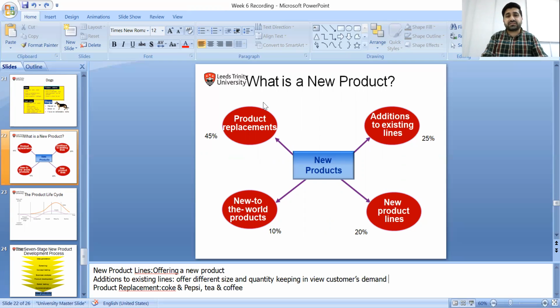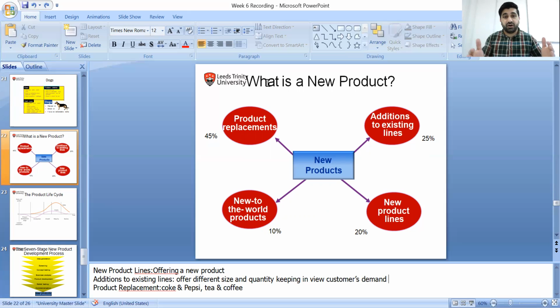Or we may talk about the product replacement. When we are introducing a new product, then we have to think about what type of product we are going to launch. If the product is a replacement, it means either we are going to offer a Coke, or we are going to offer a Pepsi.